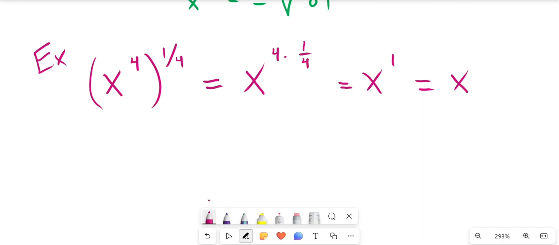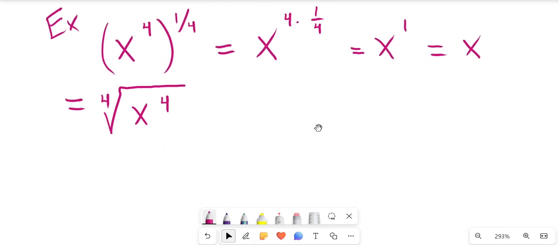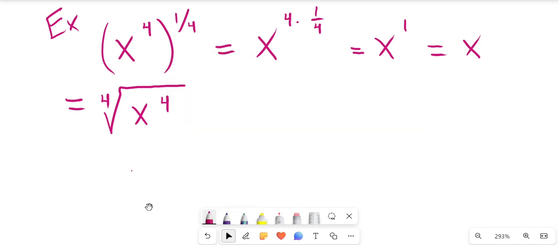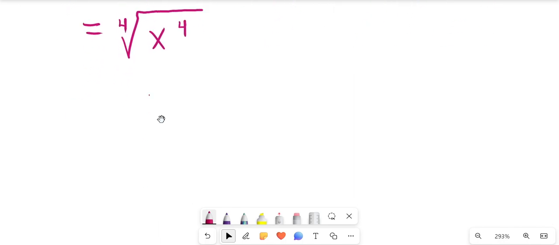This lets us say something. The fact that this is actually the fourth root, meaning the same thing here as x to the 1/4 power. This lets us basically give some rules for how to relate roots into exponents. So let's write those rules, right?